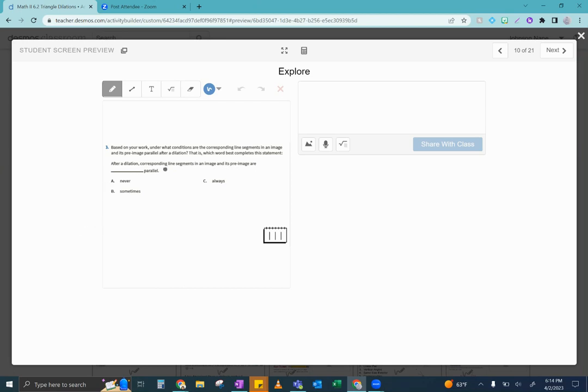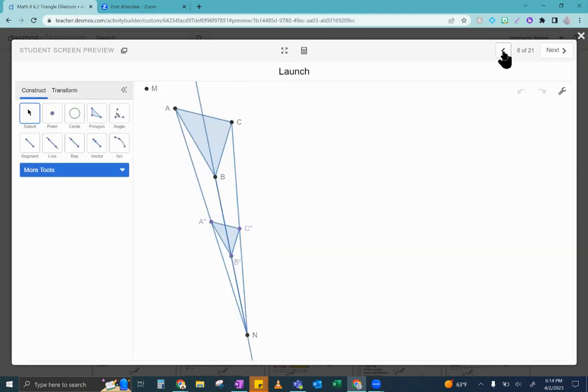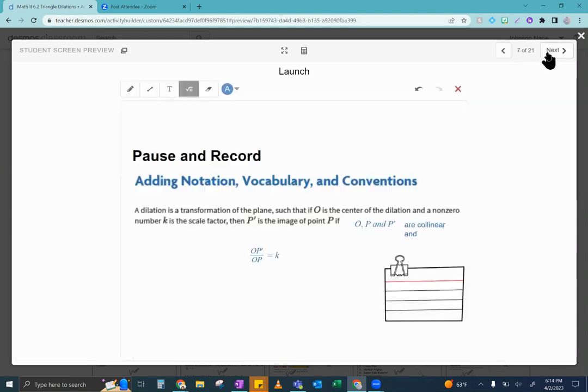Here, look at this segment AC. They're asking, do you think it's always, sometimes, or never parallel to A double prime C double prime, or BC to B double prime C double prime? Are they always, sometimes, or never parallel?